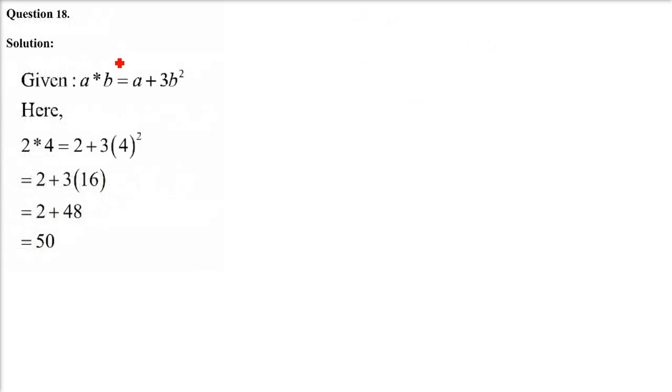Next one is saying, let star be a binary operation defined by A star B is 3A plus 4B minus 2. No, it's A star B is A plus 3B square. I am taking the next question here because it is CBSE 2009.